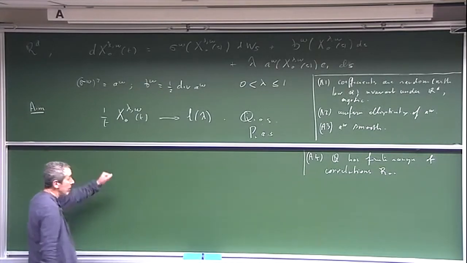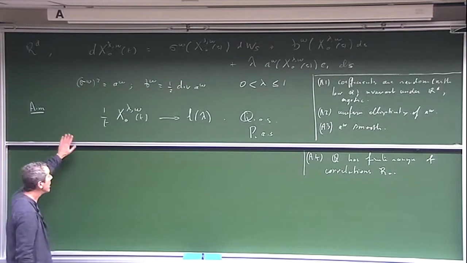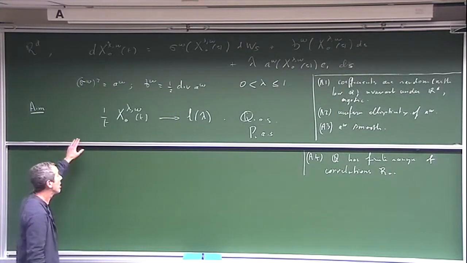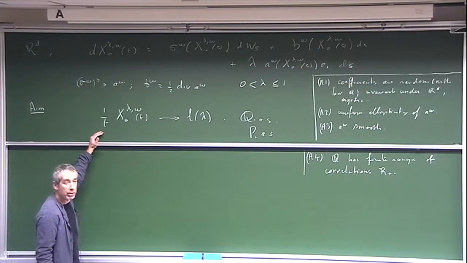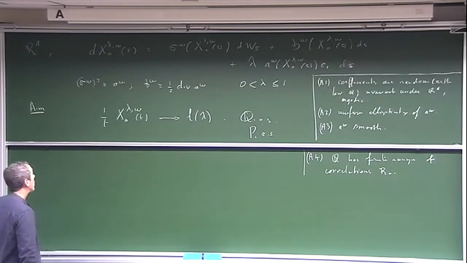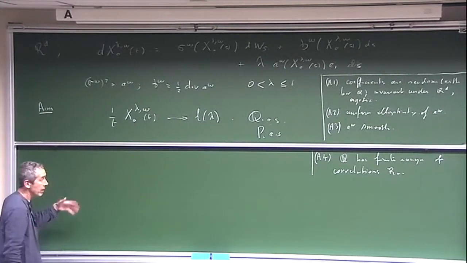Now, under these assumptions, what we want to do is prove laws of large numbers. The first one is just the one for the position of the diffusion. So that will be a first statement. But then there are two other statements, because we are also interested in what happens with additive functionals.